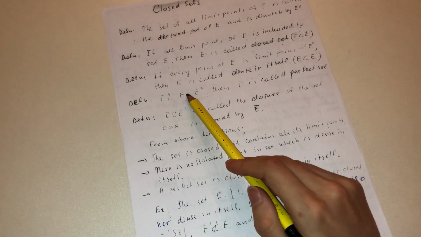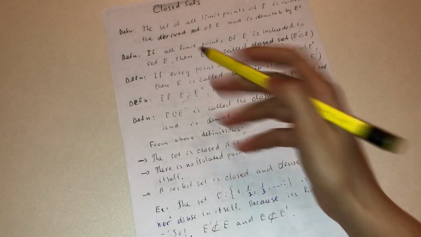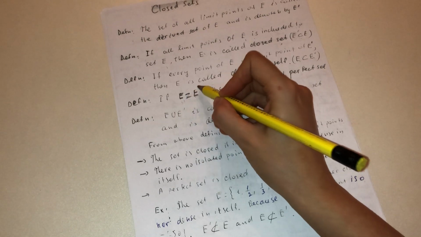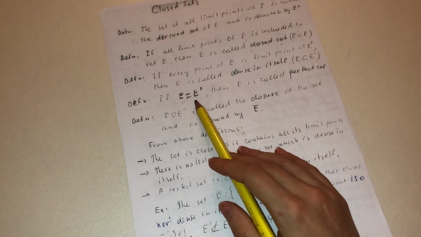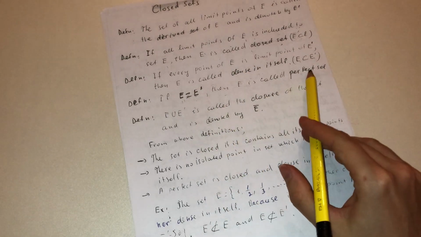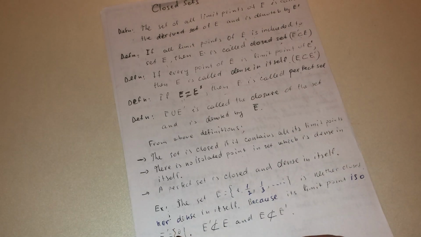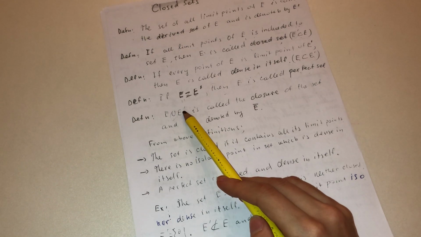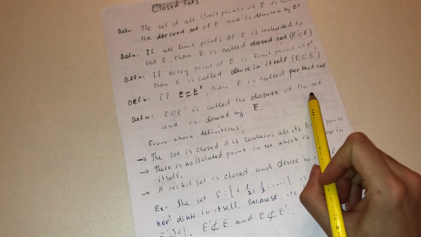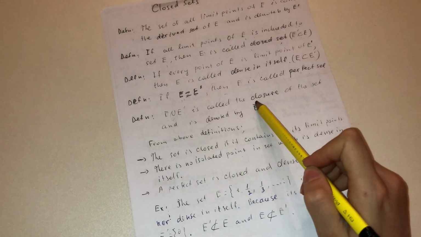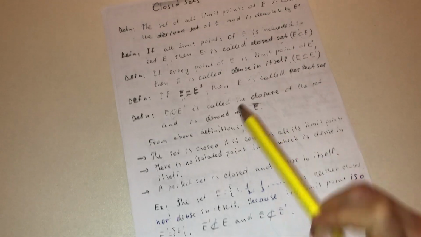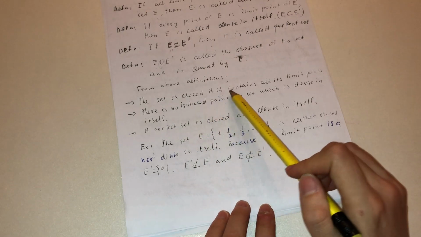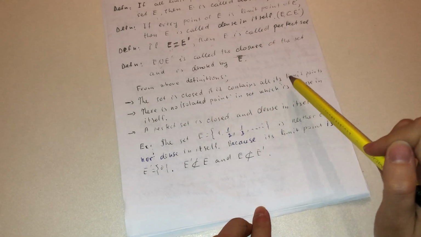If E is equal to E prime, is it clearly seen? If E is equal to E prime, then E is called a perfect set, okay? E union E prime is called the closure of the set and is denoted by that. From the above definition, the set is closed if it contains all its limit points.